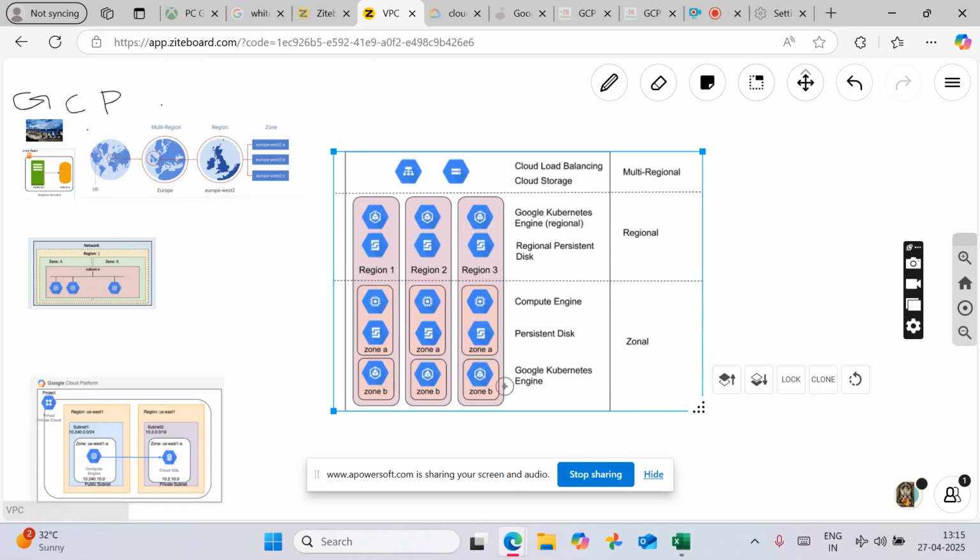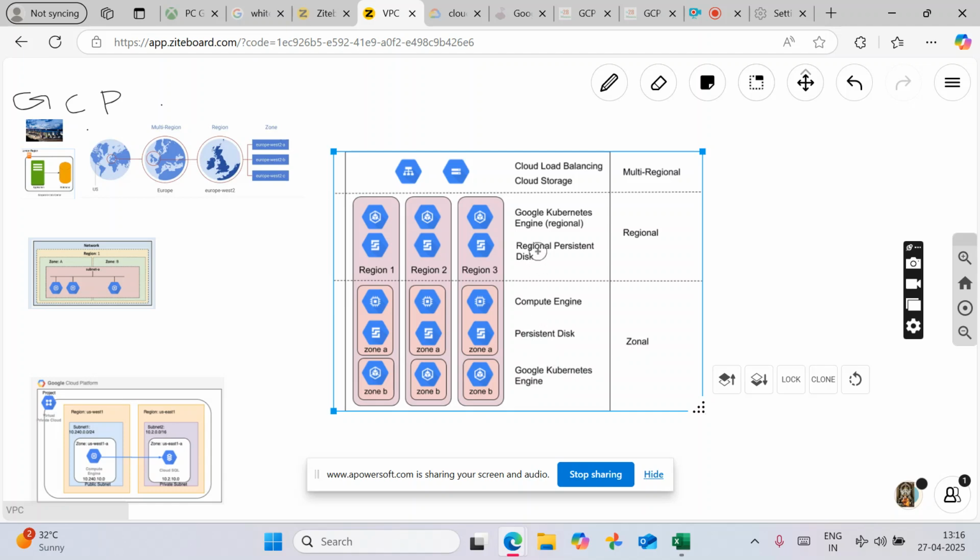If we see region 1, region 2, region 3, you can see the zones as well, zone A, zone B of each region. Now, Compute Engine, the persistent disk, and GKE are configured at the zone level, which is nothing but the data center level.